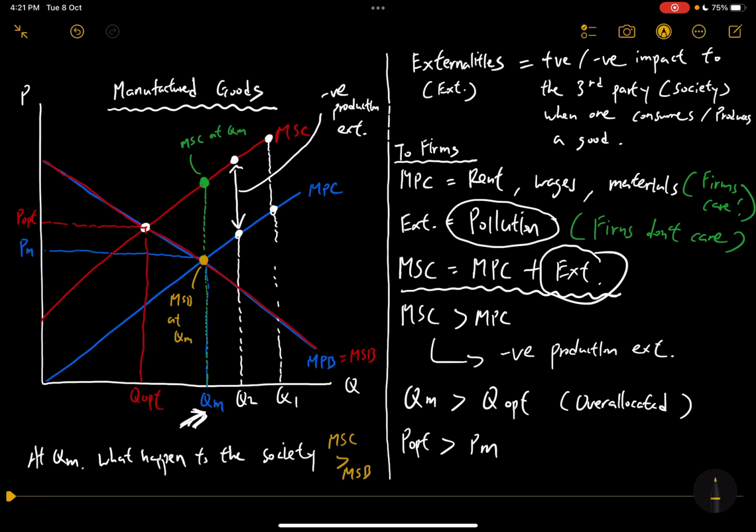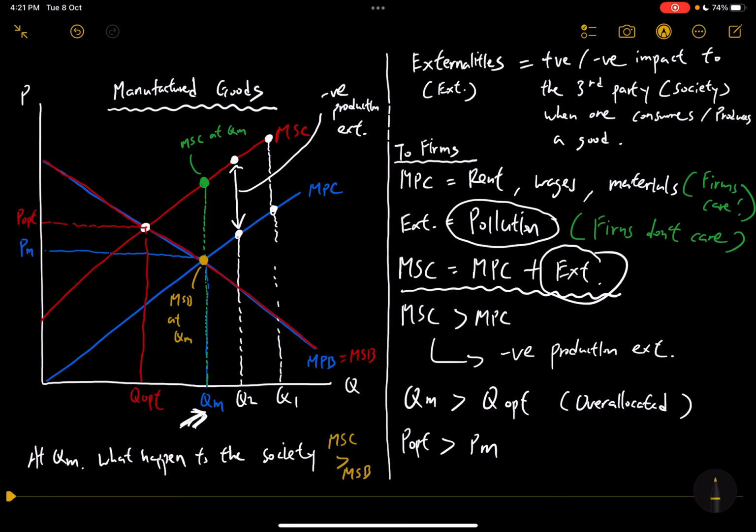When we are having one additional good, the cost of that one additional good will be higher than the benefit of that additional good. So if we are having one more good in this case, that one more good is going to contribute a net loss to the society. It means that in our society, we should actually have one less good. We all good?